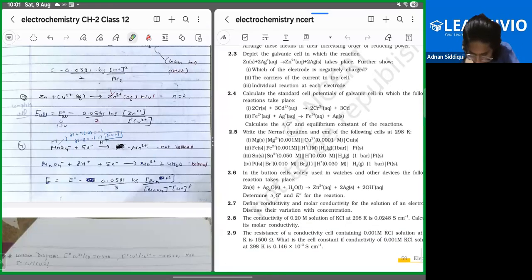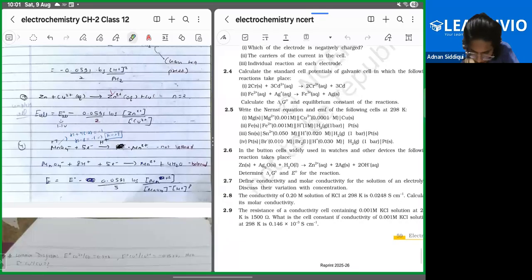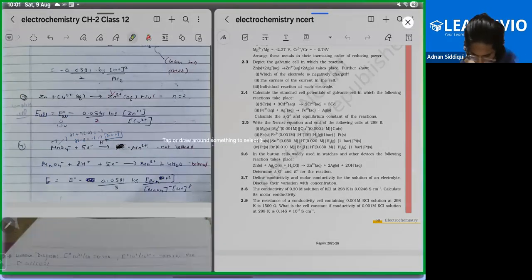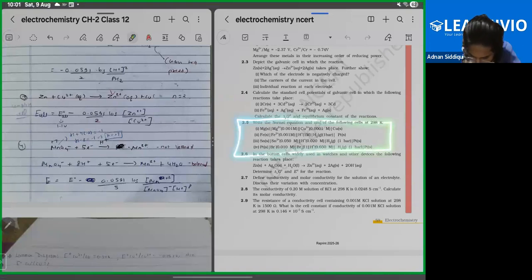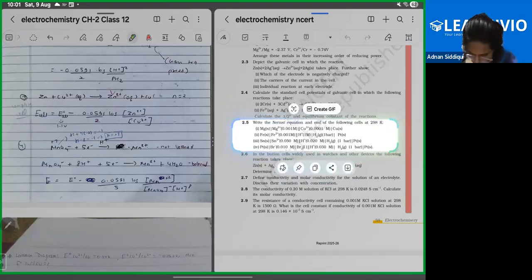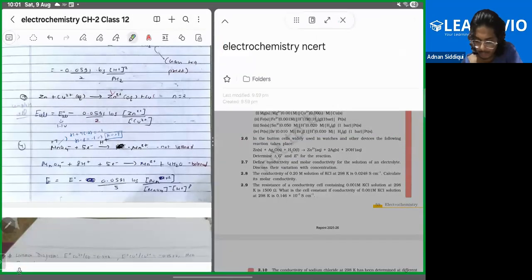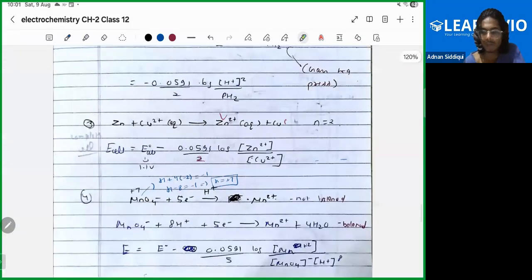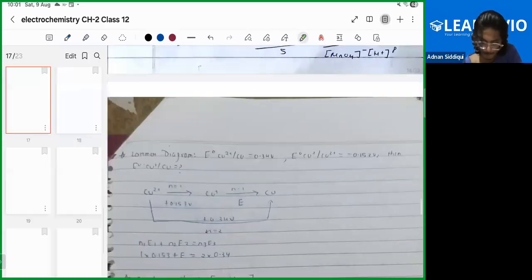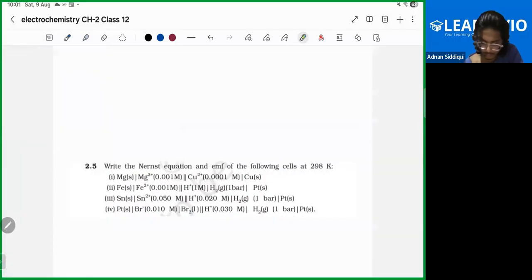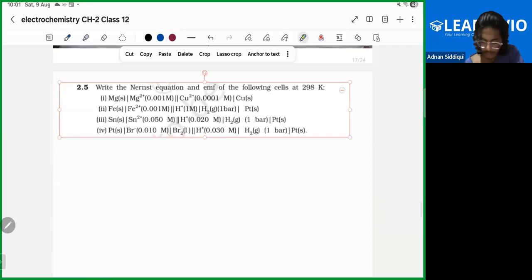So let us take this example and let us try to solve it. What is given here?